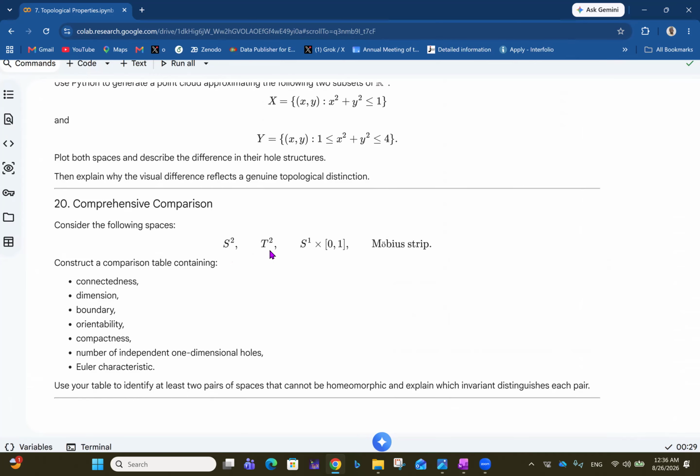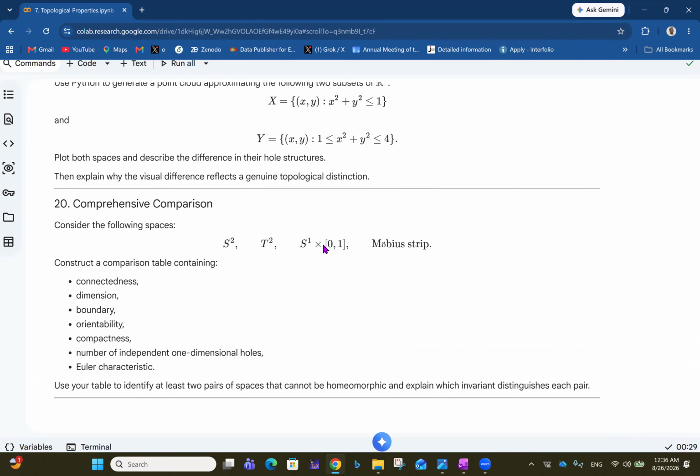It has no boundary like a sphere. It is orientable and compact. Beta one is 2, and chi is 0. The torus is very close to a sphere, except that the Euler characteristic differs, as well as the number of independent one-dimensional holes. So holes basically make the difference between spheres and tori.